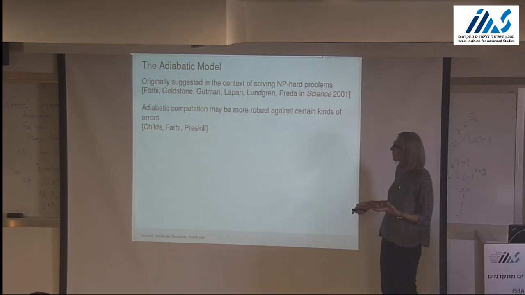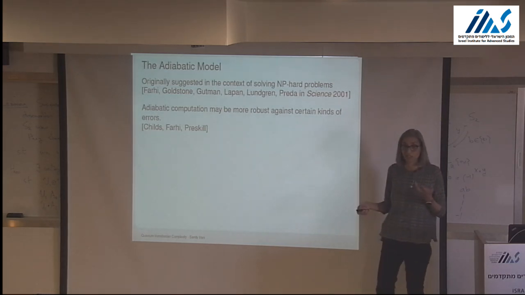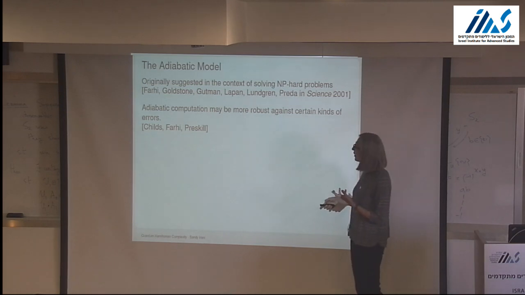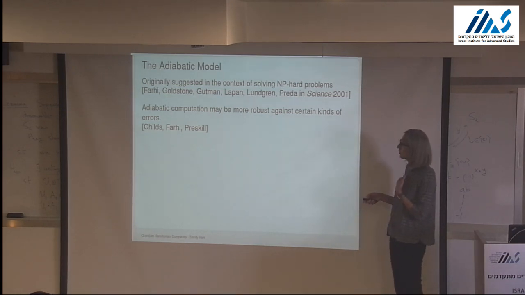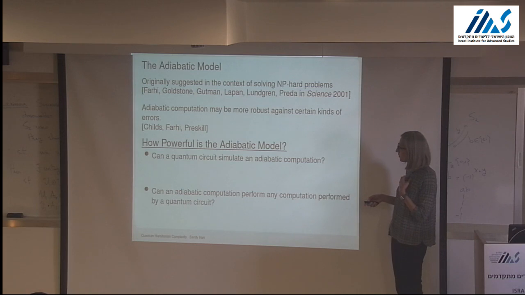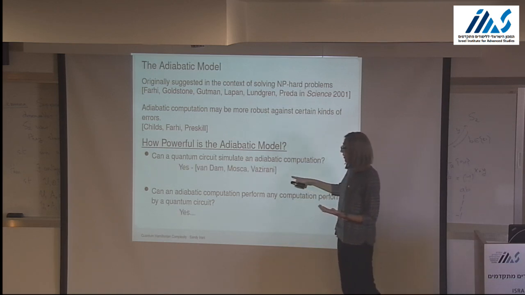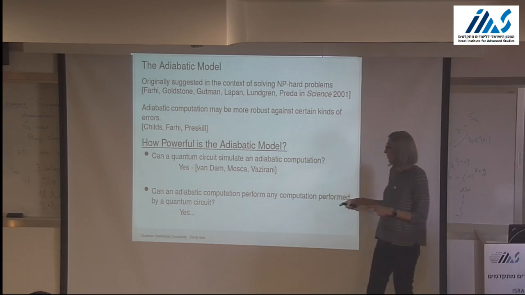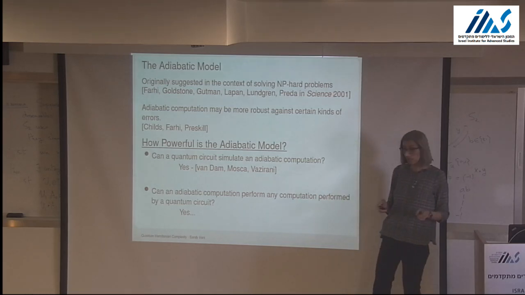It was originally suggested in the context of hopefully solving NP-hard problems, and it's an appealing model because it may be robust against some kinds of errors. And as Dorit mentioned yesterday, we know now that this model is actually equivalent to the circuit model. The first step was to show that quantum circuits can simulate an adiabatic computation.